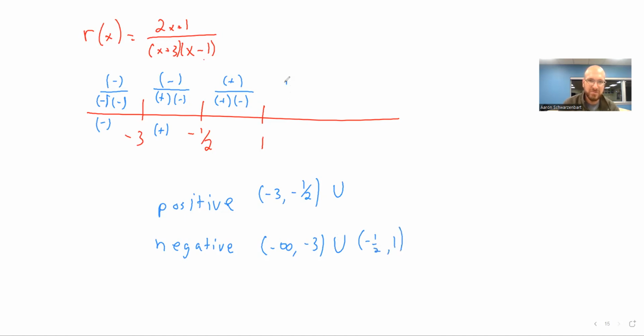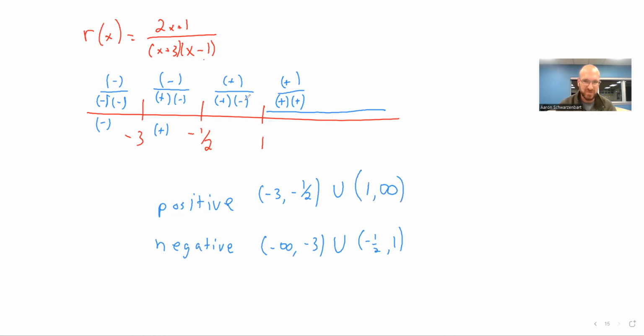And let's do 2. 2 is positive, positive, positive. 2 is to the right of 1, so I'm looking in this region over here. It doesn't cross the axis or have any vertical asymptotes, so any value will have the same sign. And 1 to infinity is positive.